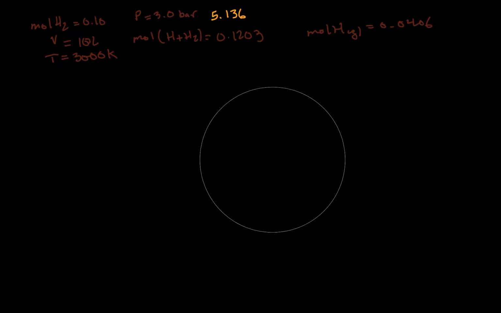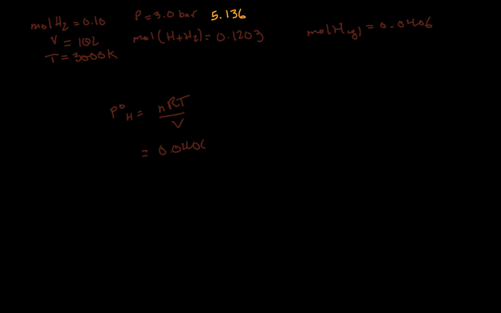And we'll solve for that with an abbreviated version of Dalton's law of partial pressures. Just like that, we get 0.0406 moles times 8.314 joules per mole Kelvin, so moles are gone.